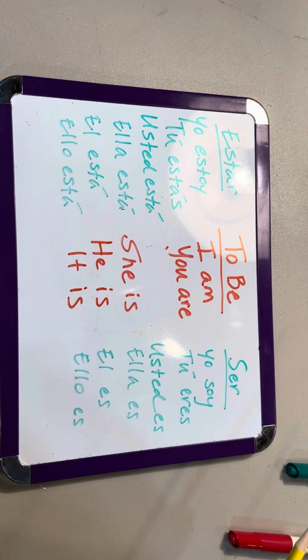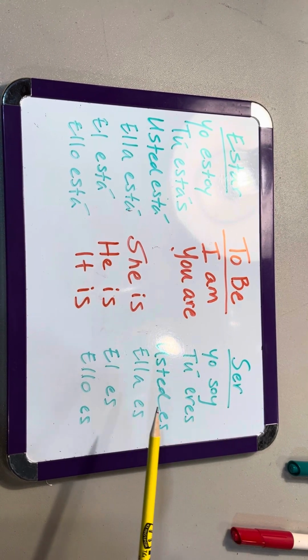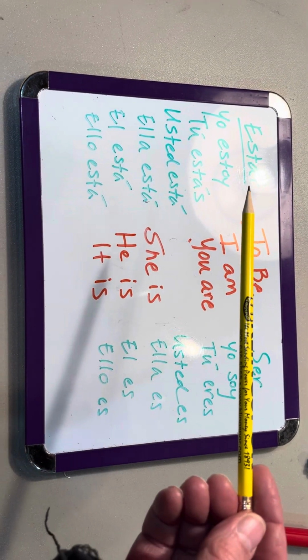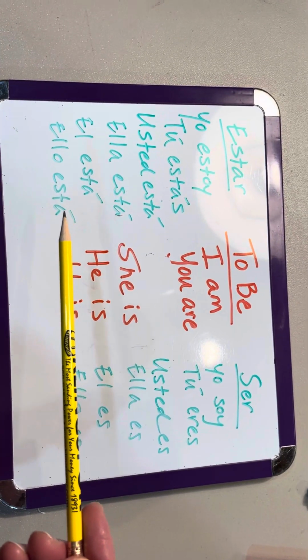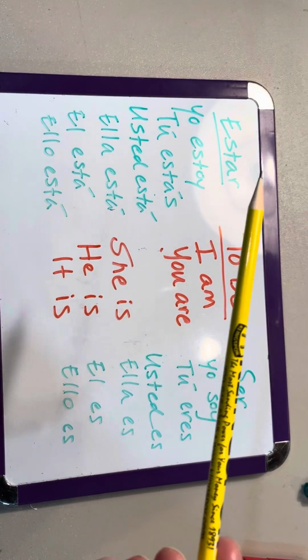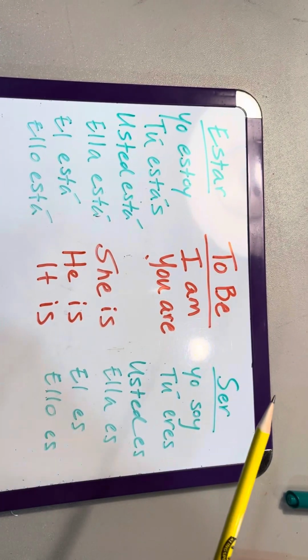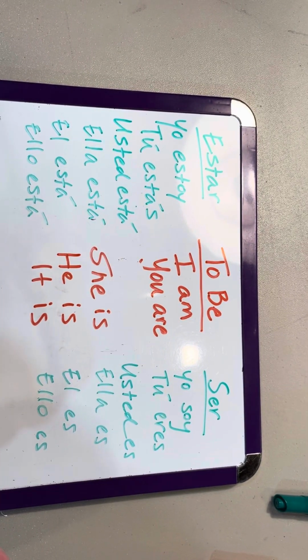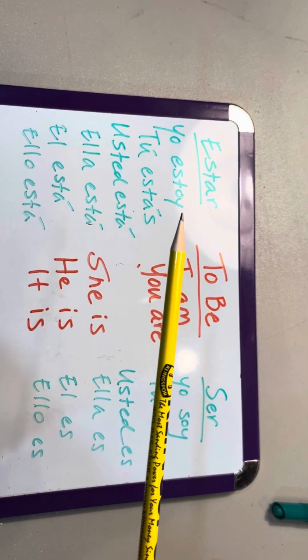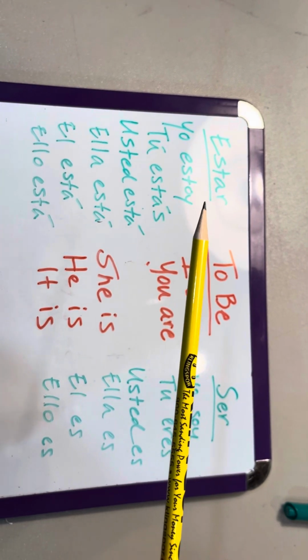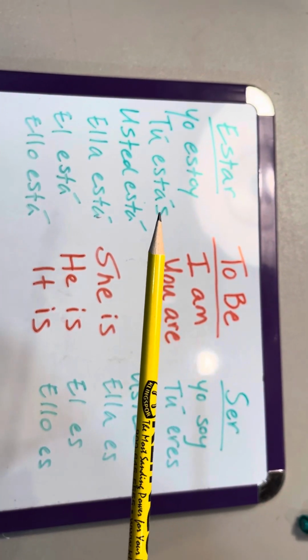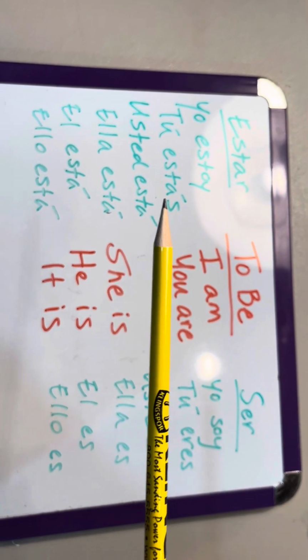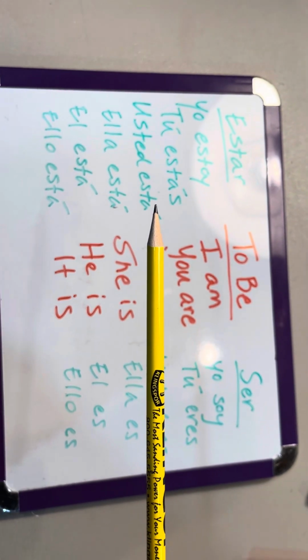So you can see right here, none of these are regular, okay? This is an AR verb and an ER verb, but they each have some irregularity. Here we have just the first person is irregular, otherwise you would have o, as, a, correct?